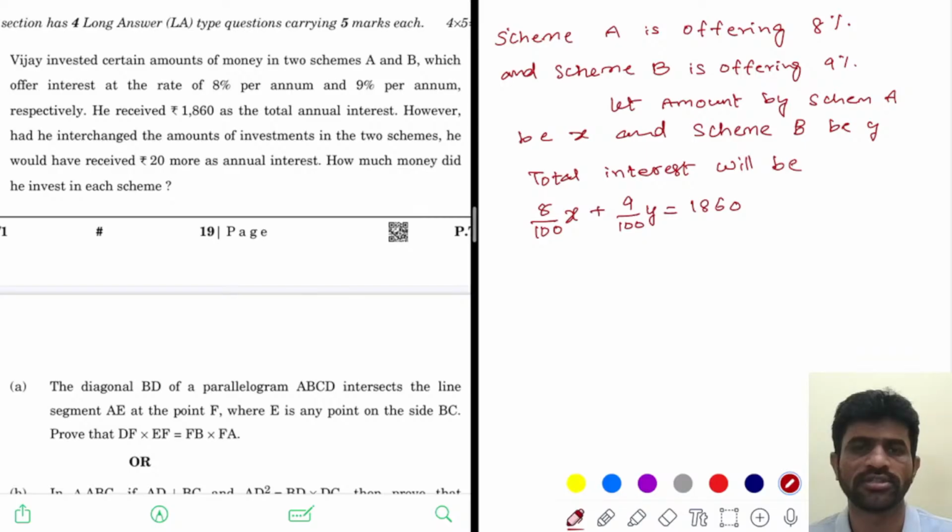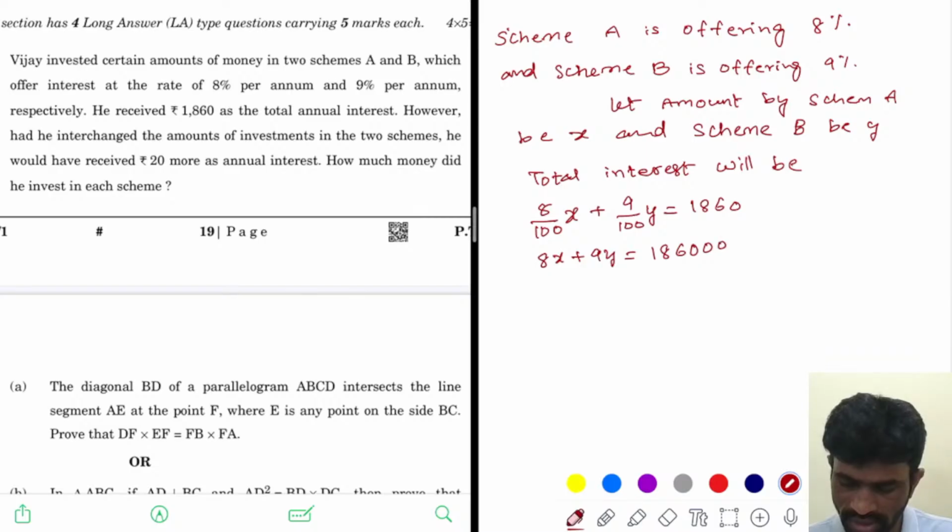Now if we simplify this, 8x plus 9y is equal to 1 lakh 86,000. This is the first equation.